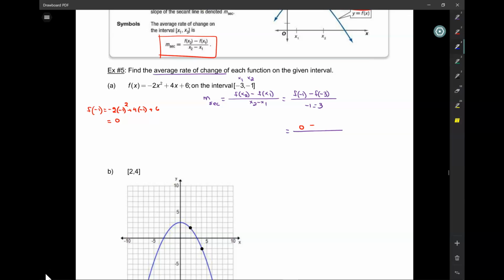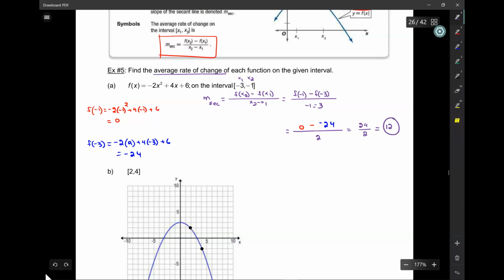Minus, what's f of -3? -2 times 9 plus 4. -24. Over 2. This is 24 over 2. 12. Okay? So is that the secant slope? That's the slope of the secant line.